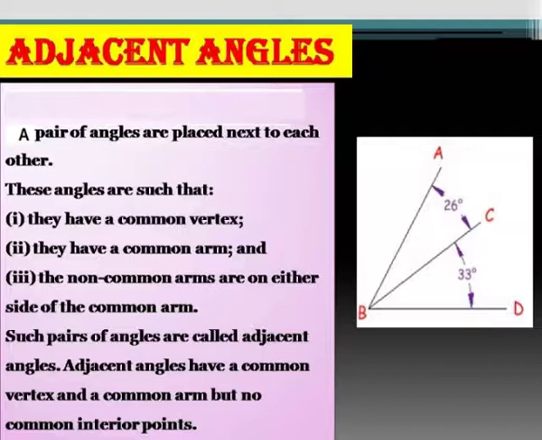So adjacent angles means a pair of angles that are placed next to each other, and they should have a common vertex, a common arm, and the non-common arms should be on either side of the common arm. But adjacent angles should not have common interior points.